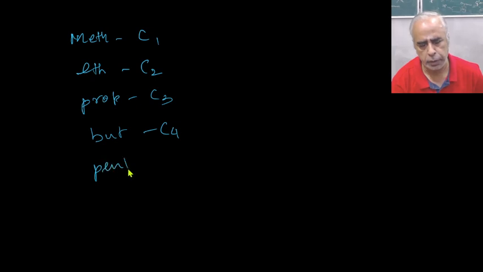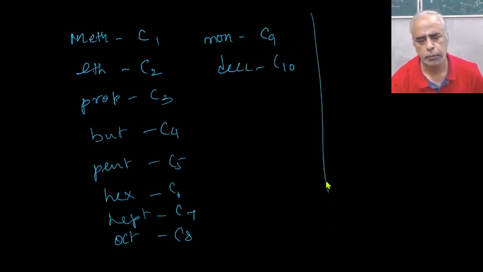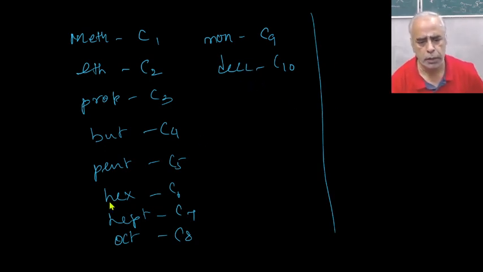Pent, C5. Hex, C6. Hept, C7. Oct, C8. Non, C9. Dec, C10. At least you should know up to C6.